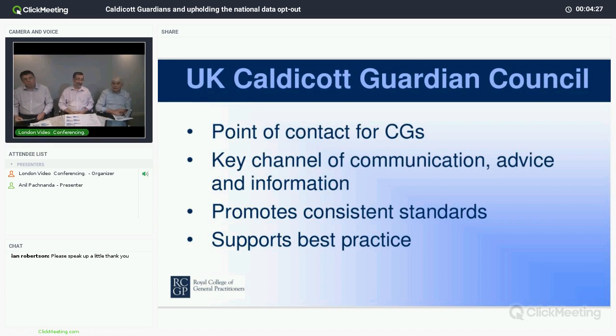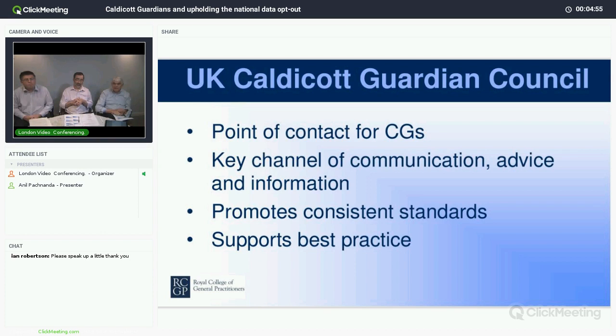We aim to be a point of contact for Caldicott Guardians. We like to think of ourselves as a key channel for communication, advice and information, and there are various ways that we've done that. One of them is a digital forum for Caldicott Guardians, which is run by Digital Health Networks. That's proving to be quite a useful discussion ground for these topics.